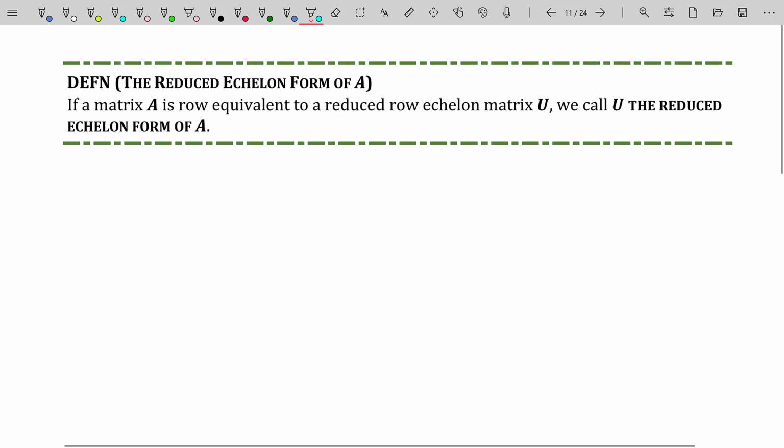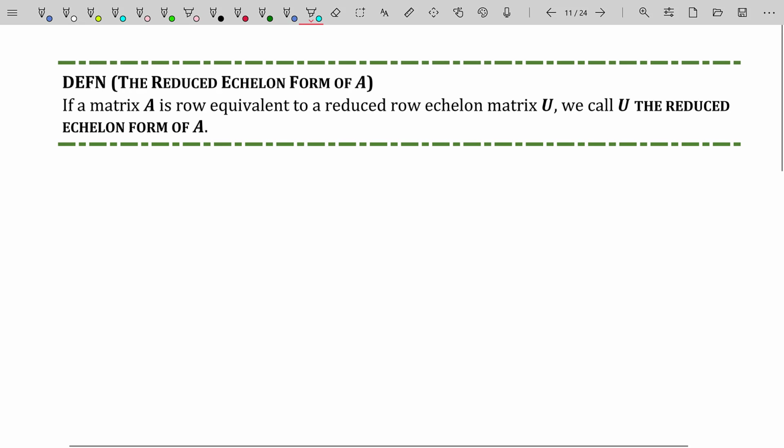The last thing in this video is really a quick wrap up: the reduced echelon form of a matrix A. Remember that I said earlier, you have echelon forms for a matrix A. I give you a matrix A, you can find 1,000 different echelon forms for that matrix A, as long as A was non-zero.